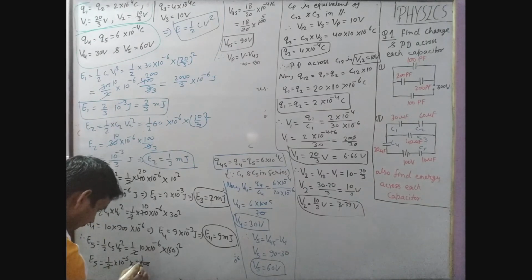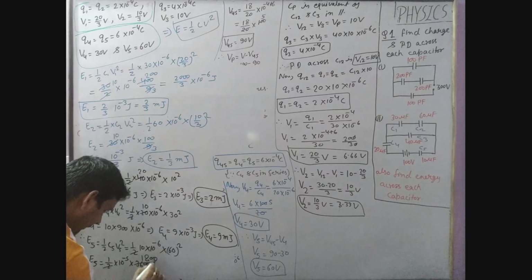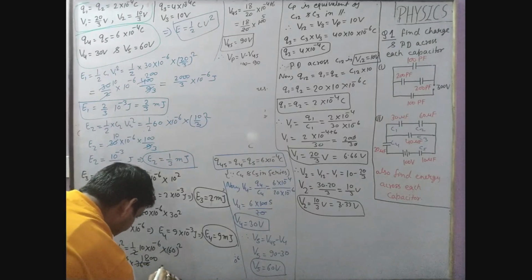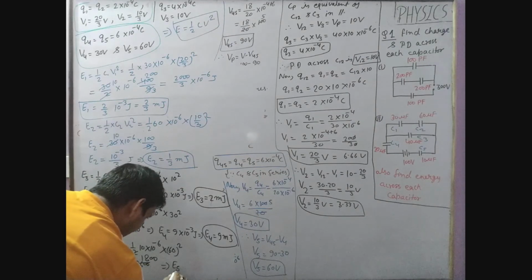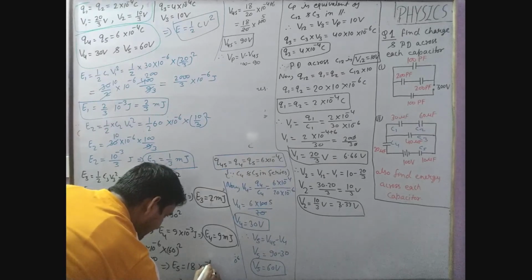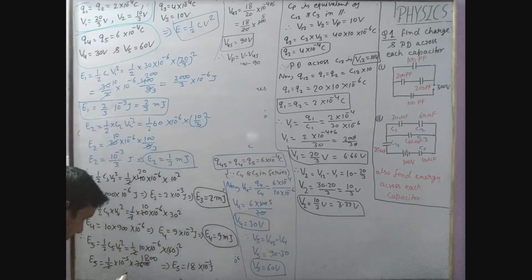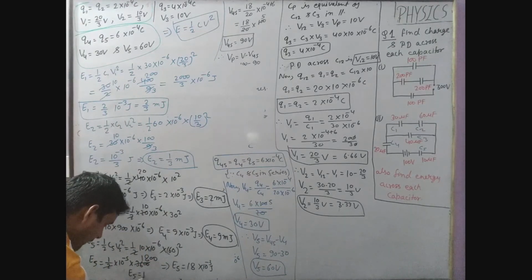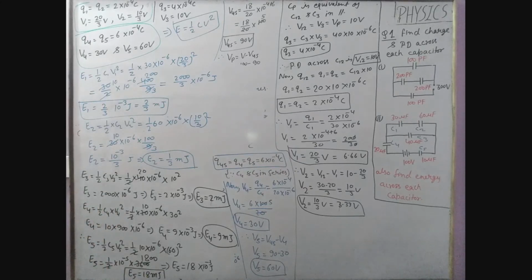This will be cancelled by 1800 times. So E5 is equal to 18 into 10 to the power minus 3 joule, which means E5 is 18 millijoule. This is how you can solve the numericals. Thank you.